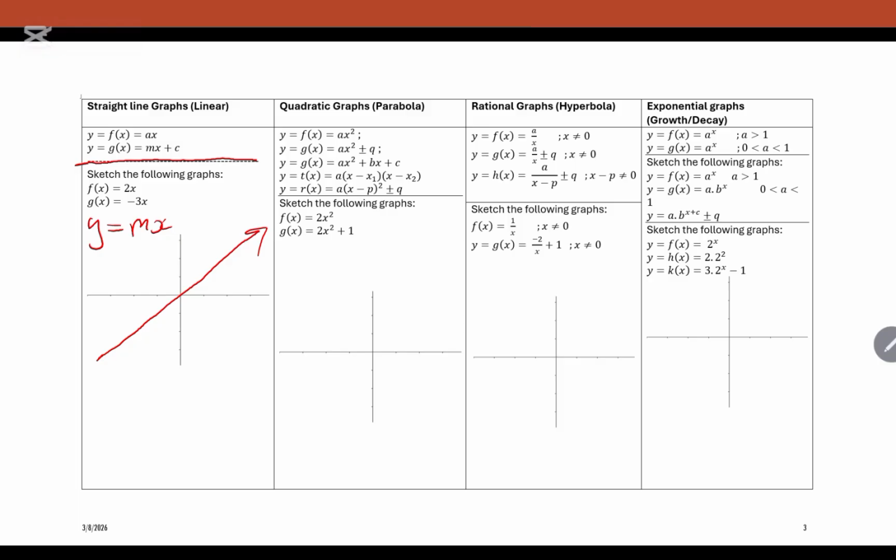But the graph that I drew here is the graph of y equals mx with a positive gradient, therefore it is an increasing graph. Now, what happens if the gradient is a number less than 0? The graph is a decreasing graph. It is a straight line graph that passes through the origin point like that.